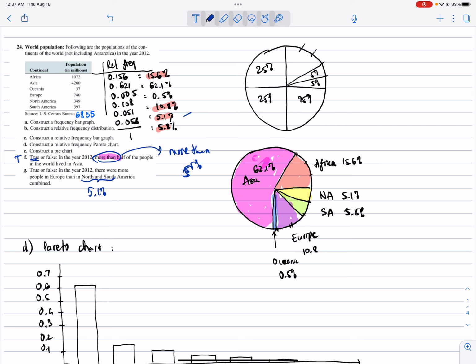And how many percent for South America? 5.8. If we add, this is 10.9%. And Europe, how many? 10.8%. So is Europe more than South and North America combined? The answer is no, it is less, right? 10.8 is less than 10.9. So the answer is false.